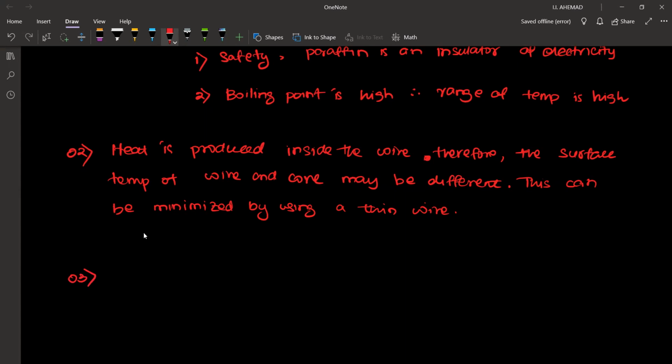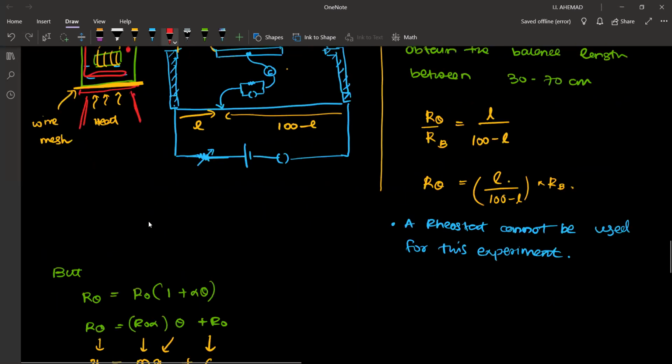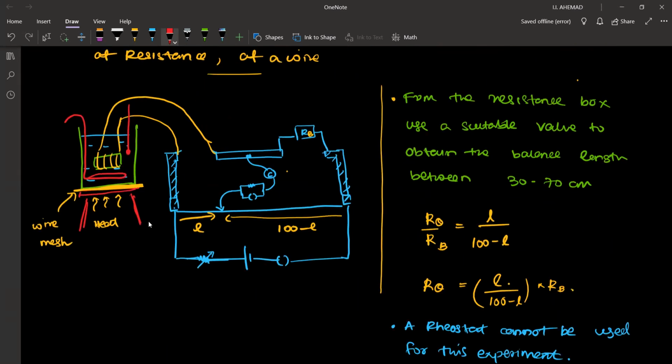Next, now here, when you have a very small portion of the wire, why did we make a coil here? What is the purpose of this coil? We could have used a single piece of wire like this, right, inside the liquid. In that case, this length is low. Therefore, the resistance of this part is not significant.